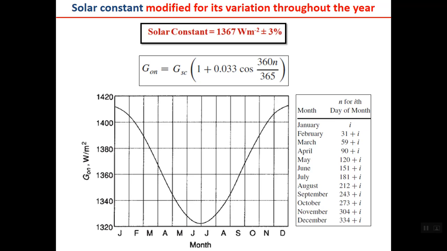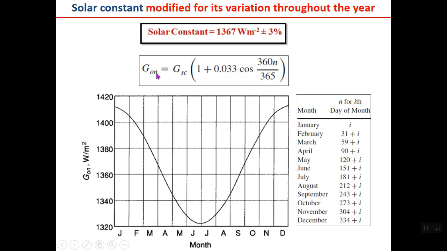So if the solar constant is modified for its variation throughout the year, you should multiply it by the parenthesis shown here. This is the modification to include the effect of sun-earth distance variation, and the result is named GON.